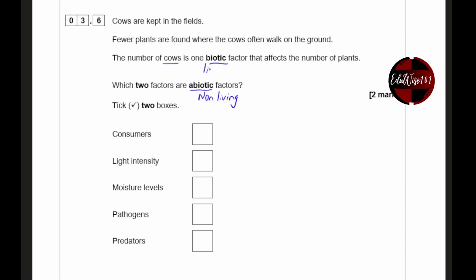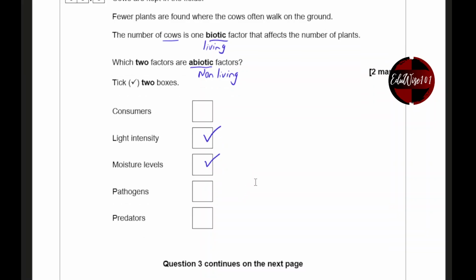Biotic means living. So out of these, consumers are living organisms. Light intensity is not something that's living. That's an abiotic factor. Moisture levels is also another abiotic factor. Pathogens are microorganisms, so they're living. Predators are also living. So it is the light intensity and moisture levels.